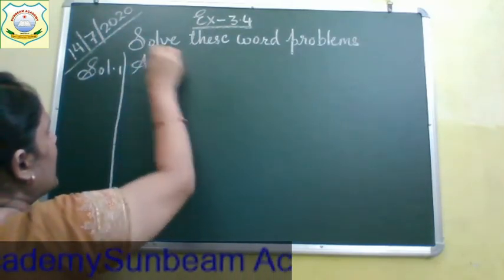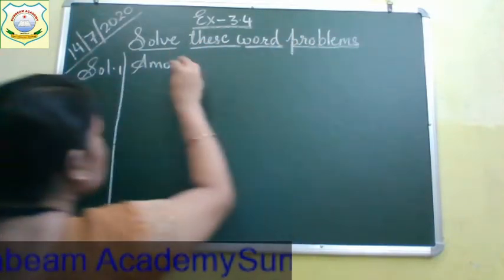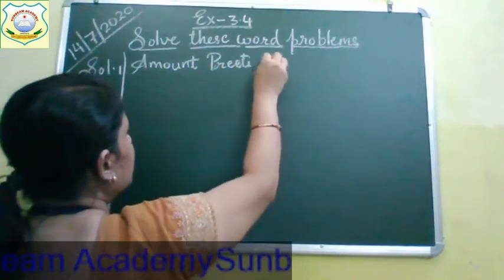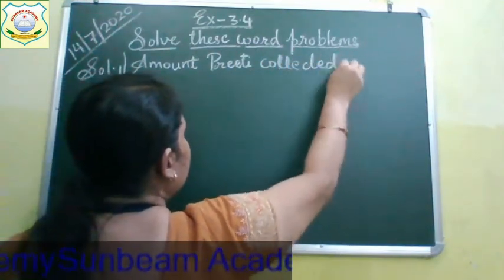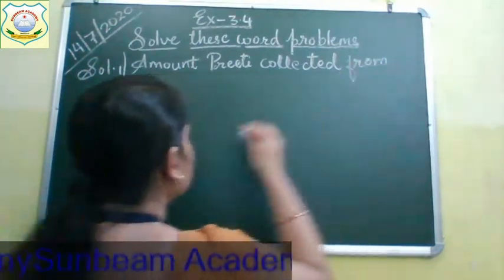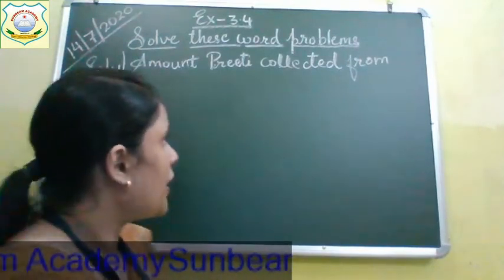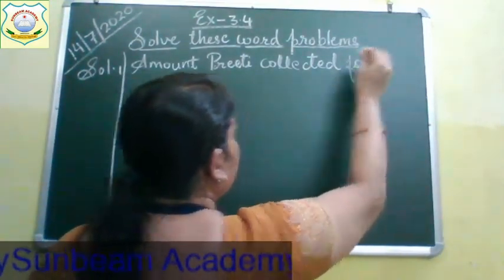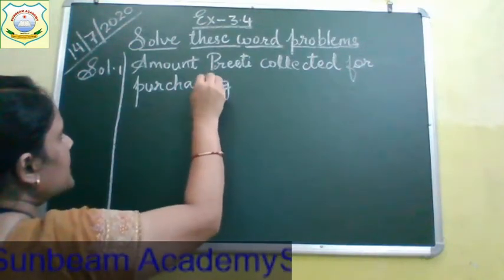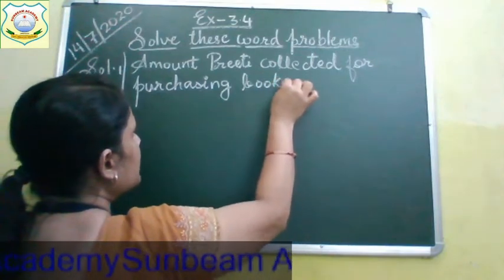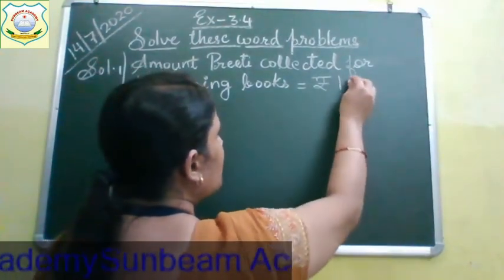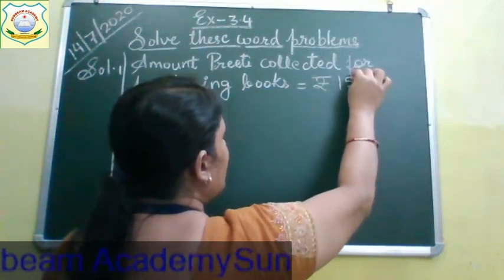Amount Preeti collected for purchasing books is rupees 150. This is the first step of yours.